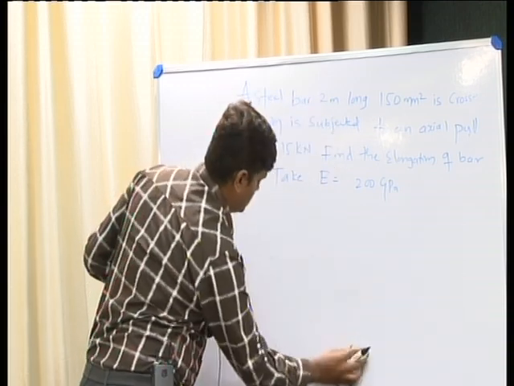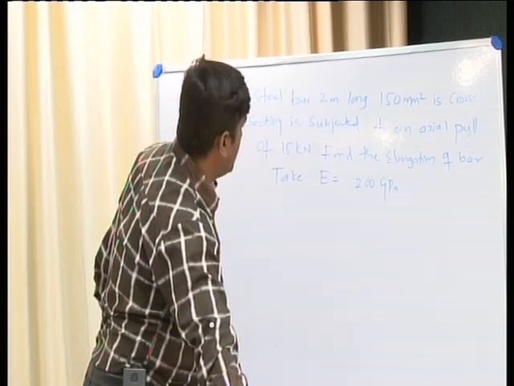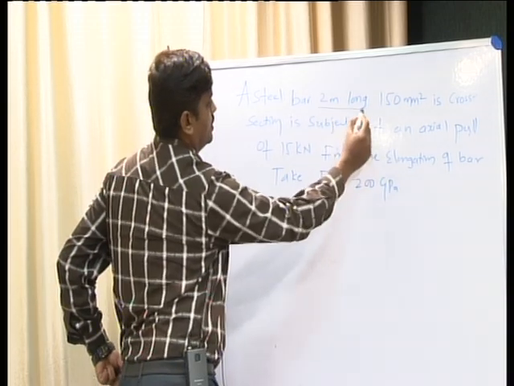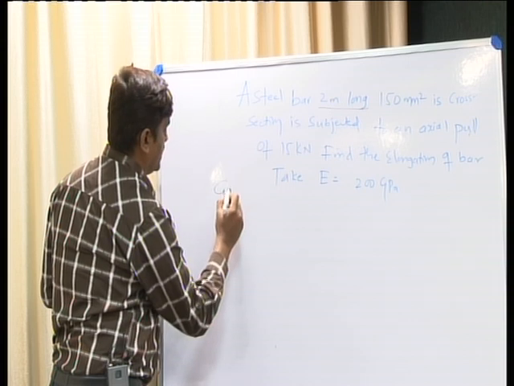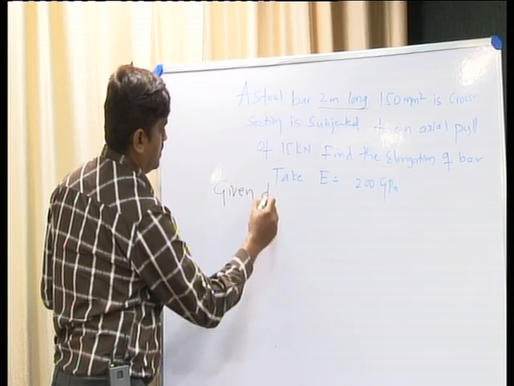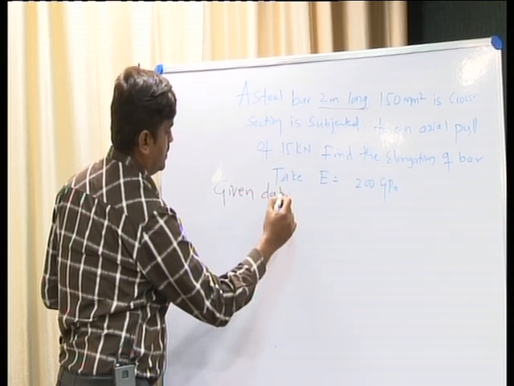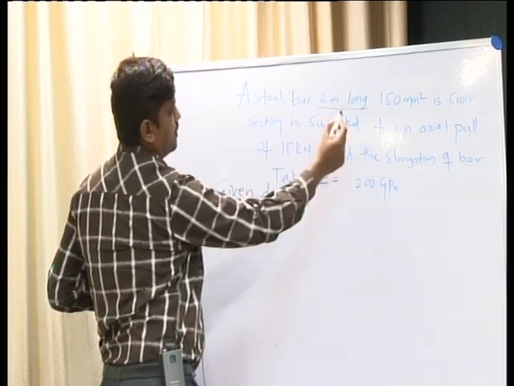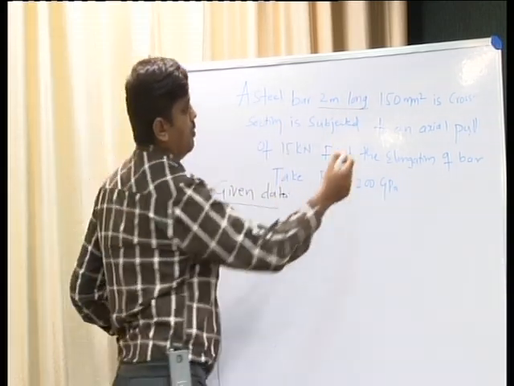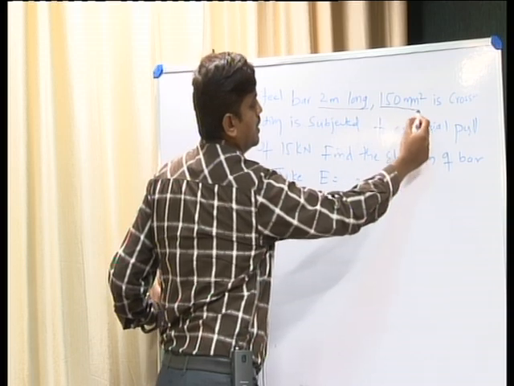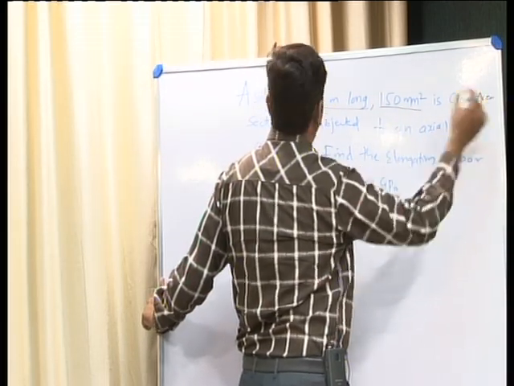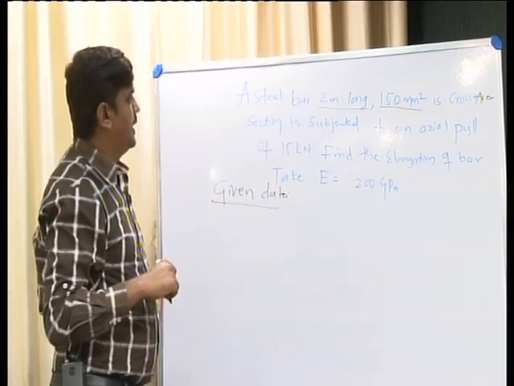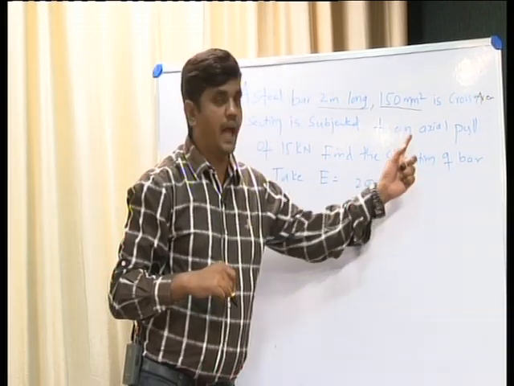What's the first question here? A steel bar of 2 meter long, let us write the given data. A steel bar of 2 meter long, 150 mm square cross sectional area is subjected to an axial pull.